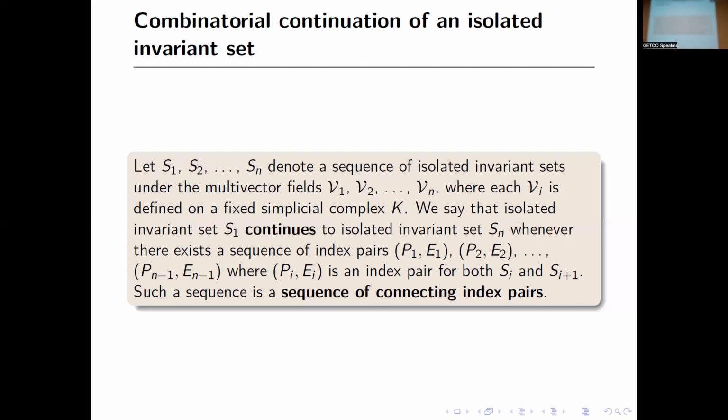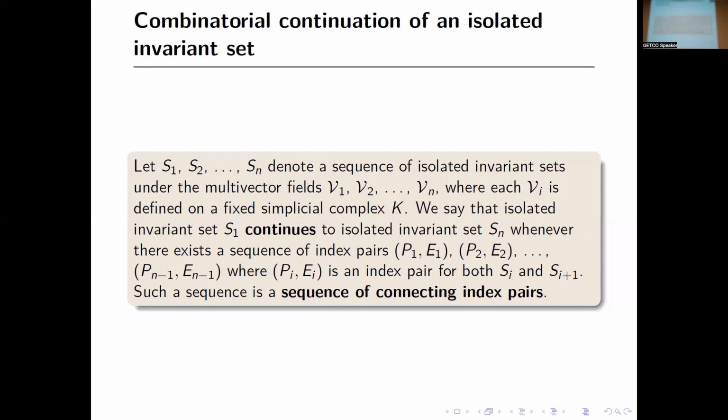are related by continuation if, for S1, we can find an index pair. So we are using index pairs instead of isolated neighborhoods here, because isolated neighborhoods in multivector fields do not uniquely determine the thing that is isolated. Index pairs do that.